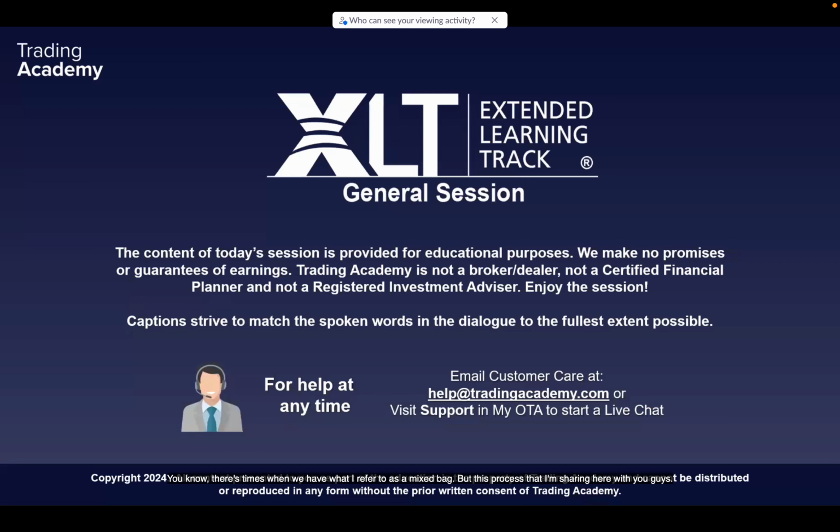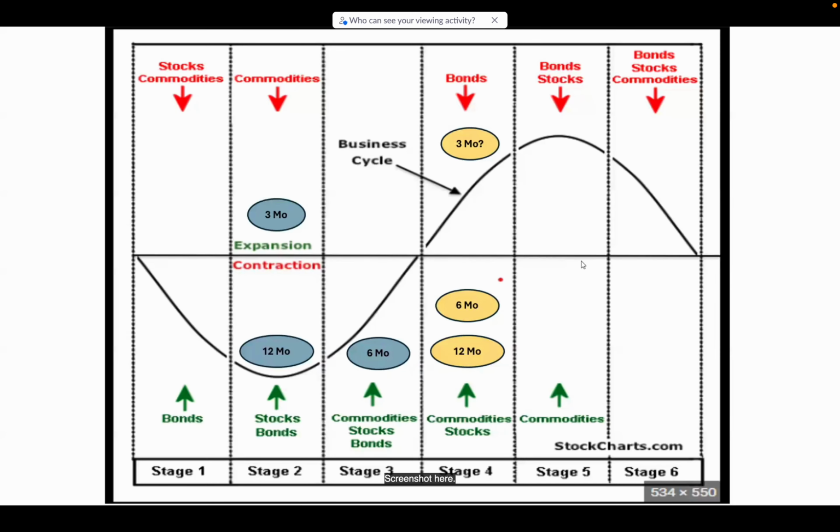But this process that I'm sharing here with you is something that I've been doing now for the last 17 years. I do this at the beginning of every month because I like to use end of month data in order to analyze those higher time frame monthly and even weekly charts. So with that, let's take a look at our screenshot here.